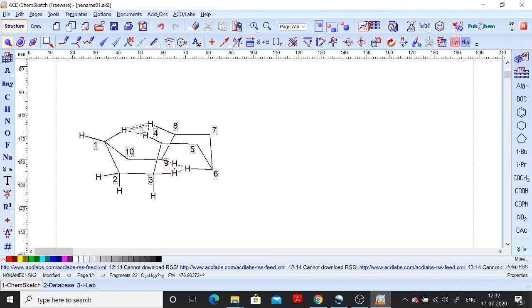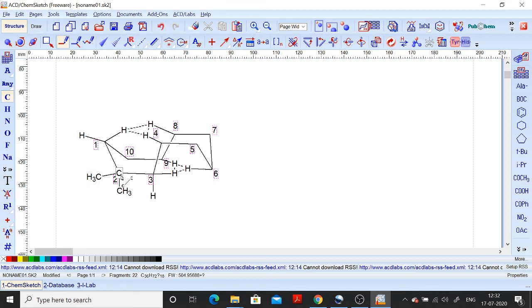Now, there is a concept called ring flipping or pseudo rotation. We can avoid that pseudo rotation. If I compare it with the normal cyclohexane ring, that undergoes the flipping process very easily. But in this case, if I have to reduce the flipping process, what you simply do is replace these hydrogens by some substituents.